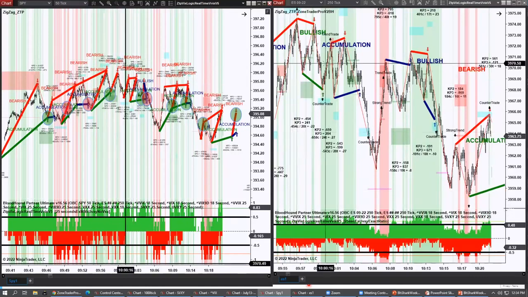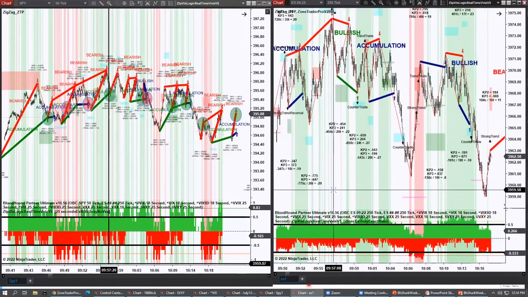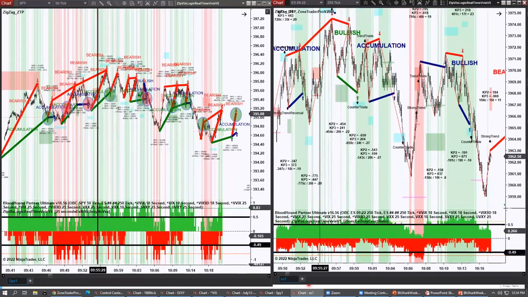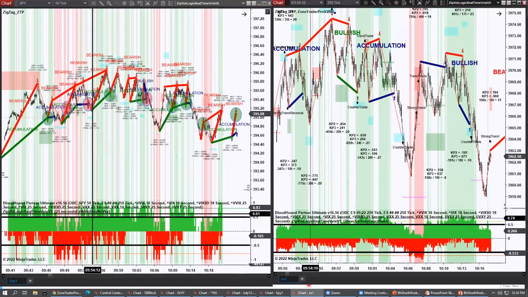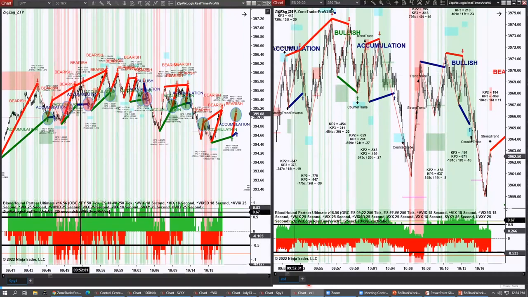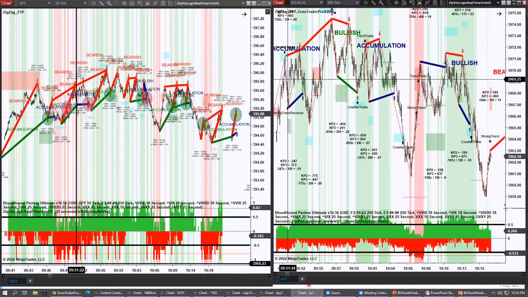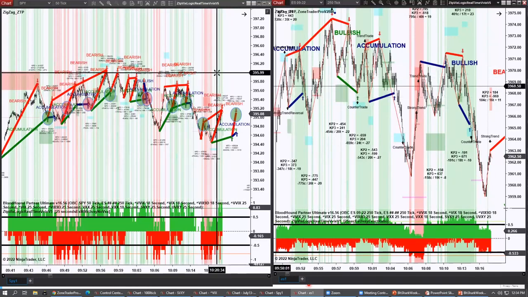Over here on the ES, the black line on each of the charts represents 50%. And I'm getting the Bloodhound signal when a majority of the charts are now in one direction. So that's basically what we're seeing there.